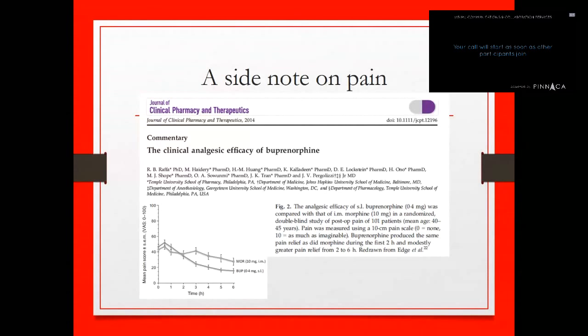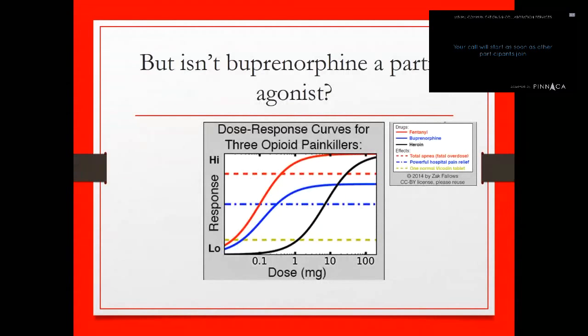Another study that I don't have here, but which is discussed in the Raffa article, shows that there is a ceiling effect for respiratory depression, as we all know from the training. But comparing a lower and a higher dose of buprenorphine in this other study shows that there doesn't seem to be a ceiling effect for analgesia for buprenorphine, at least not at clinically relevant doses.